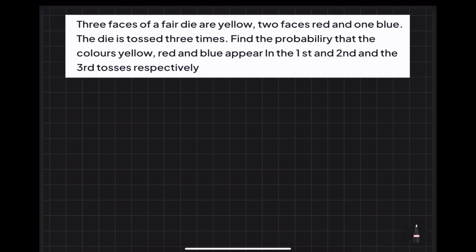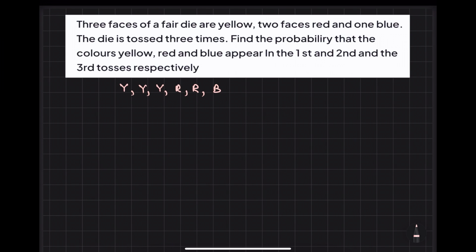So, we got a wholesome new problem which says three faces of a fair dice are yellow. So, in the first face it is yellow, second yellow, third yellow. Two faces are red, red, and one is blue.